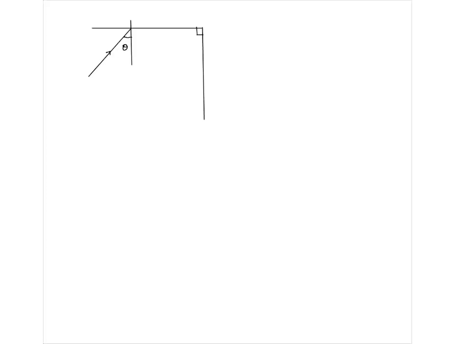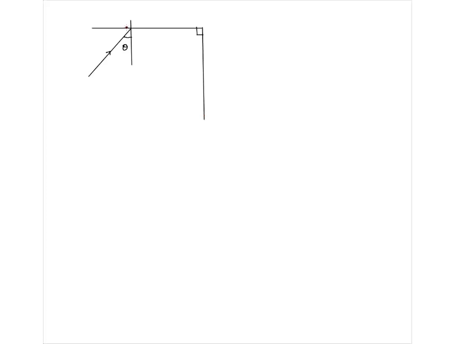You are seeing two plane mirrors 90 degrees to each other. A ray of light is incident on the horizontal mirror at an angle theta. For what value of theta does the ray emerge parallel to the incoming ray after reflection from the vertical mirror?